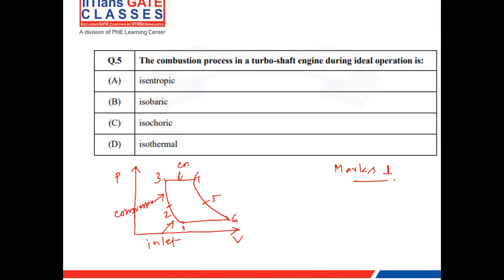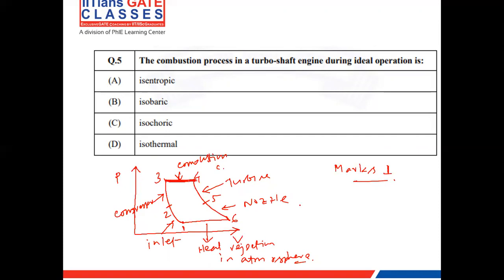This is the combustion chamber. This corresponds to the turbine. This is the nozzle, and this is heat rejection into the atmosphere. So as we can see, the process inside the combustion chamber in ideal cases is always a constant pressure process.